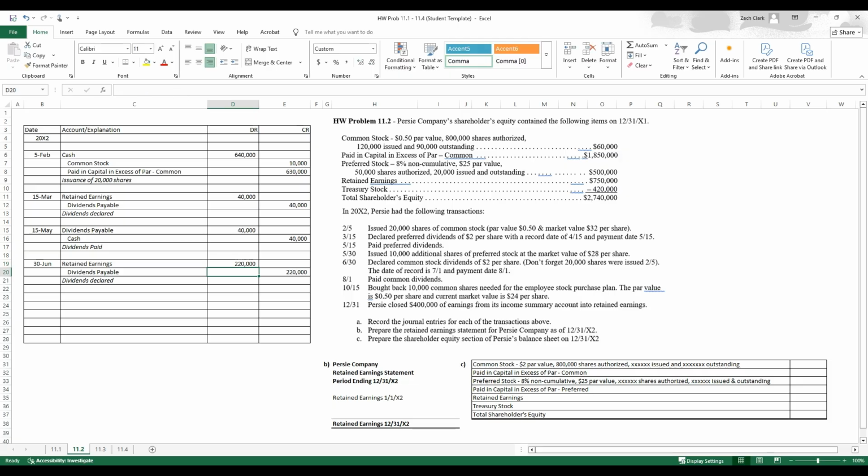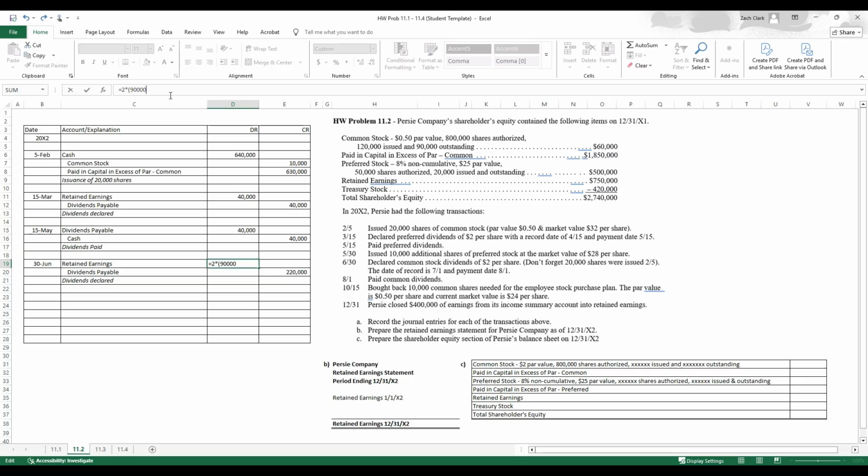Let me see if I got that right: 220,000. Yep. Remember, that's the 90,000 common shares outstanding to begin with, and then on the 5th we issued an additional 20,000. That's where we get $2 per outstanding common share.